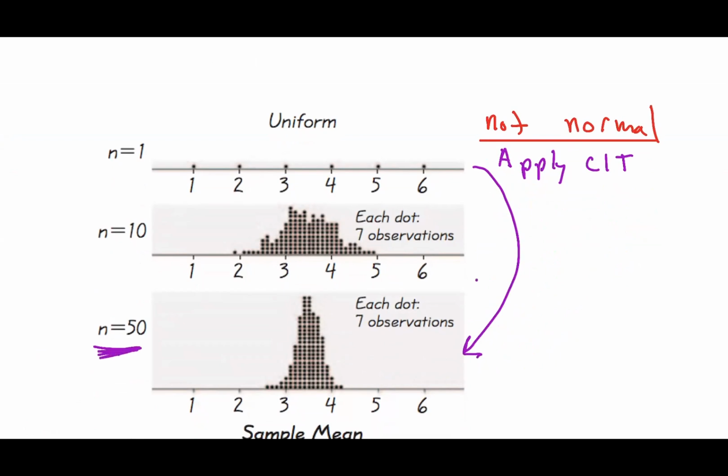What will we call this new distribution over here? Like what shape would it have? Symmetric. So now we'll say because of the central limit theorem, it is approximately normal.